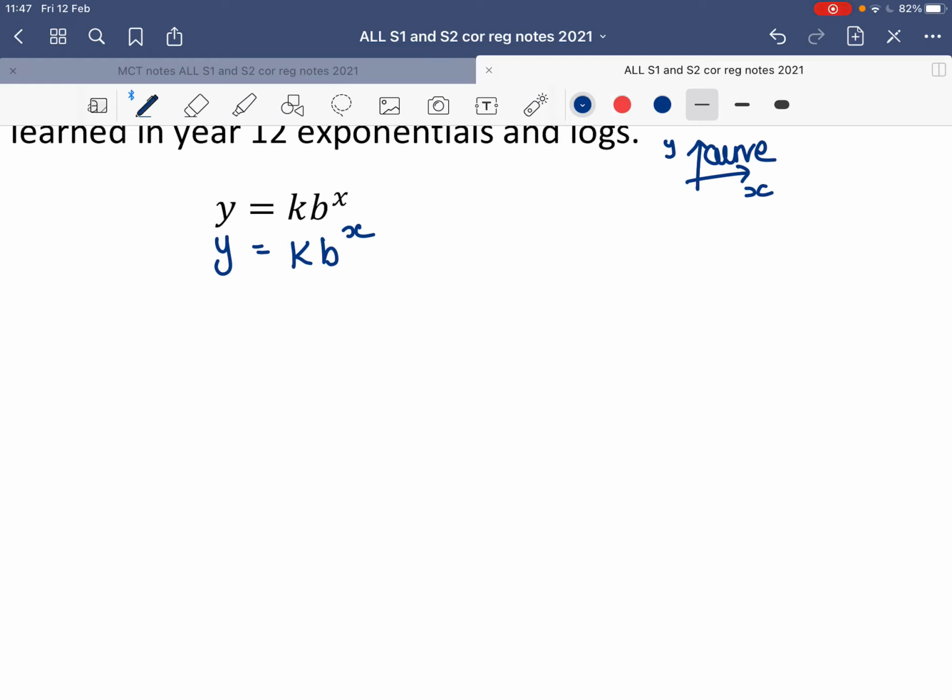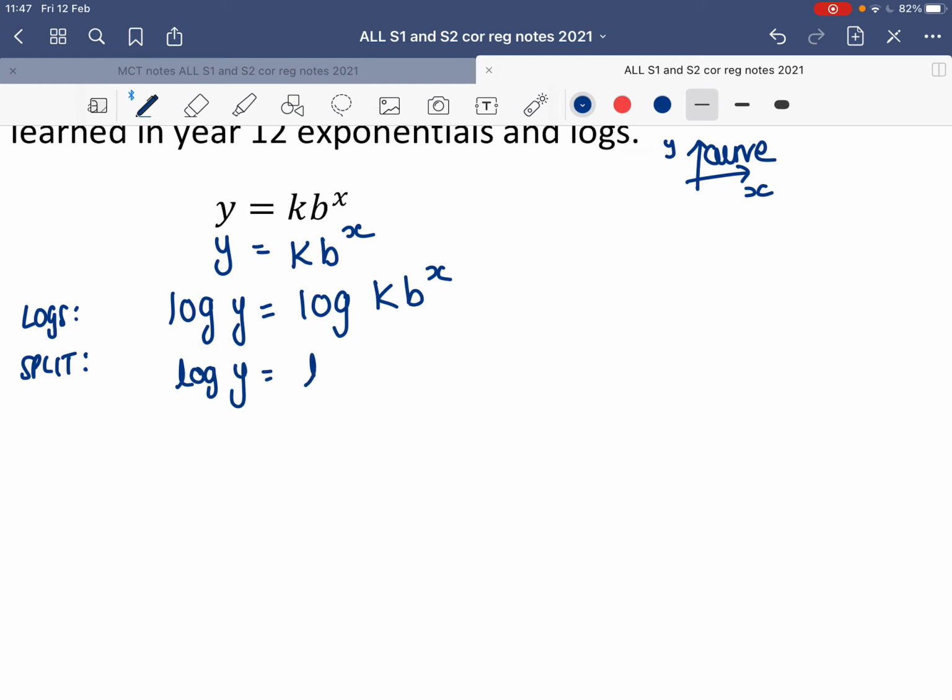So it's like another coding. We are going to take logs. So log y equals log kb to the x. And then we're going to split it. So log y equals log k plus log b to the x. And then you're going to bring x down, bring the power down.